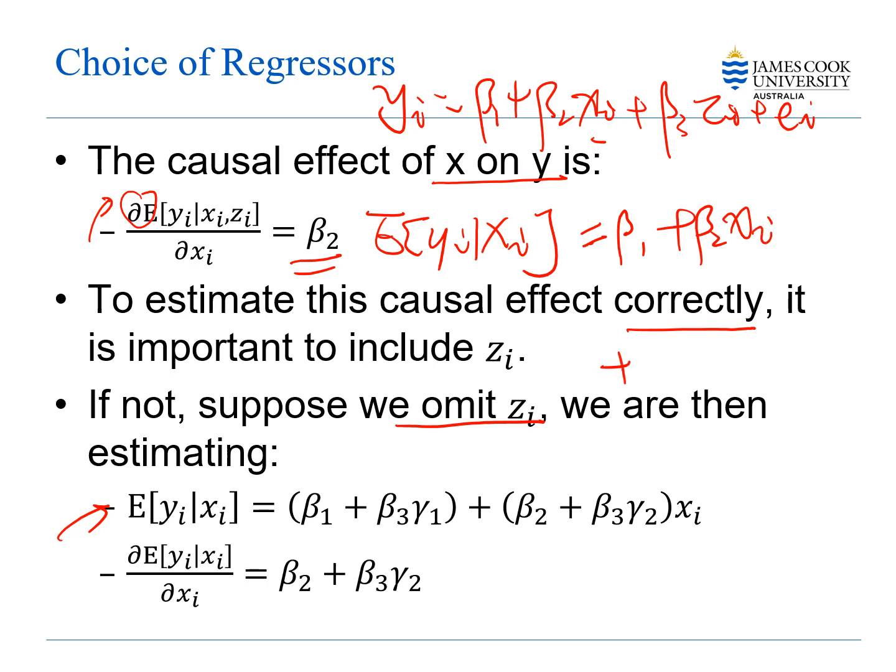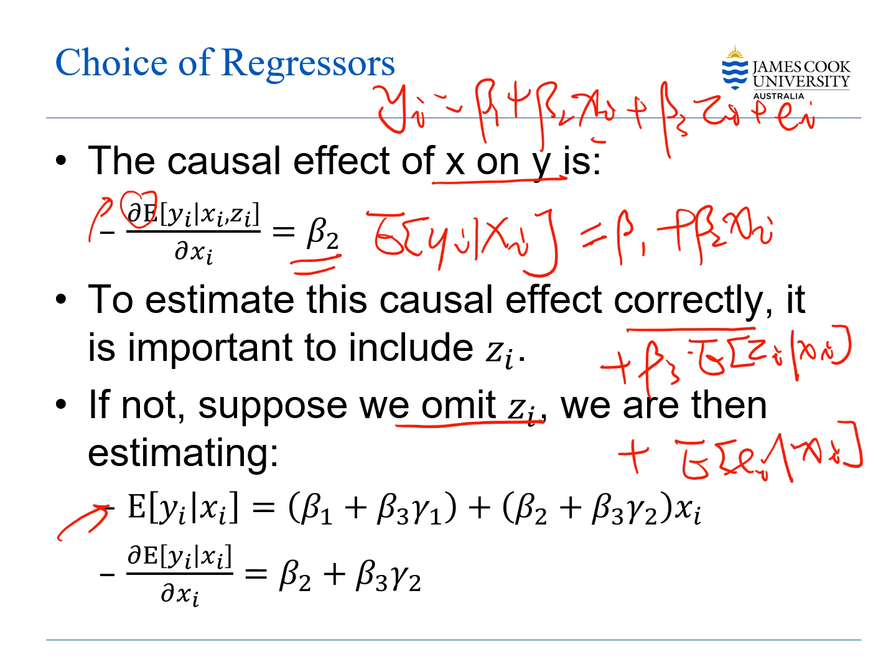Plus the third term, beta 3 is constant, times the expected value of zi conditional on xi, plus the last term, the error term, the expected value of ei conditional on xi, and this is 0 by assumption. We assume that xi is exogenous to ei, so this is 0 and will disappear.